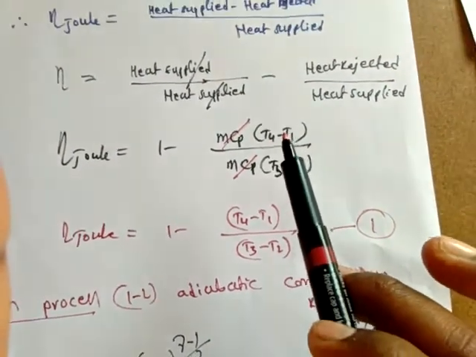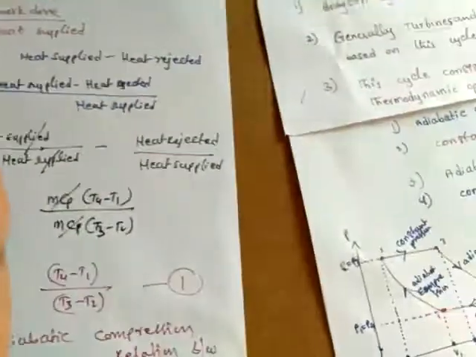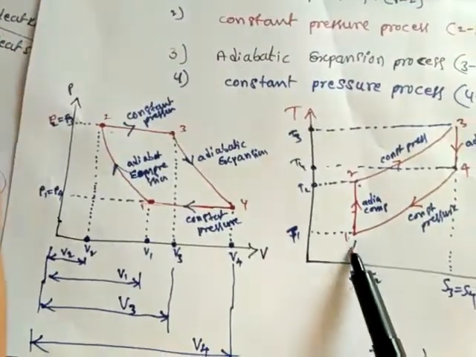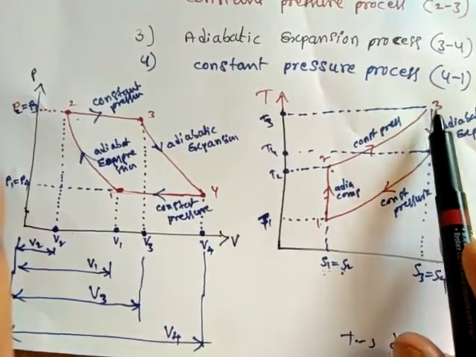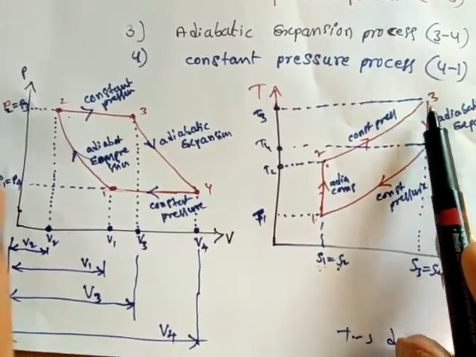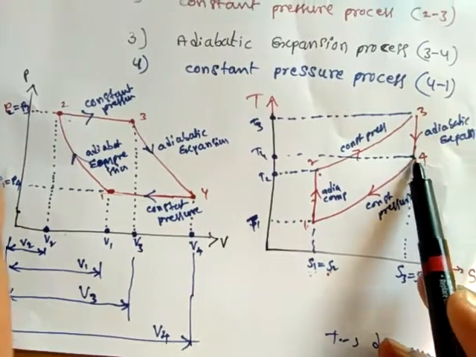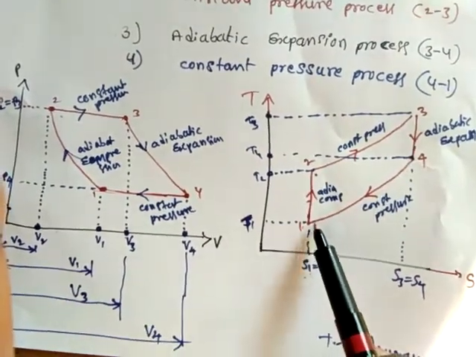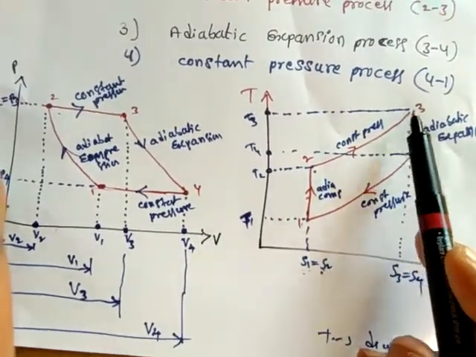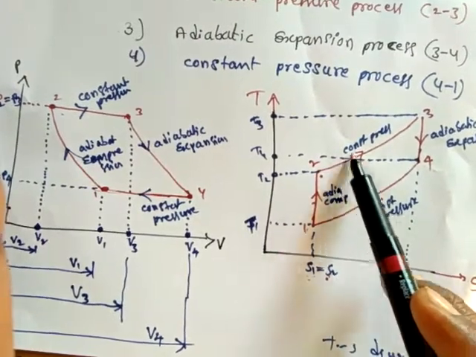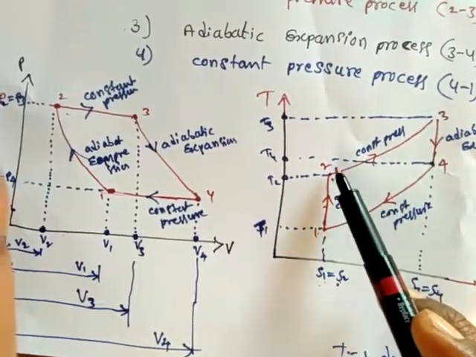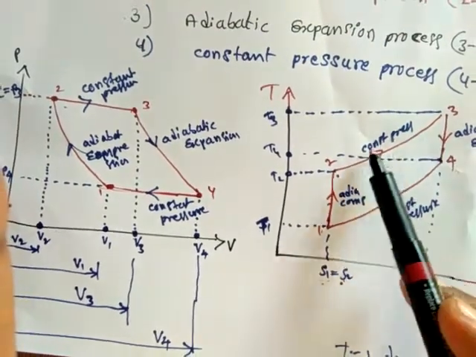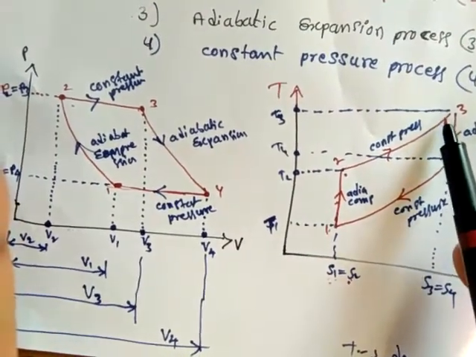minus T1). So once again, listen. Here from 1 to 2 temperature is increasing, 2 to 3 temperature is increasing, from point 3 to 4 temperature is falling down, and 4 to 1 temperature is falling down. So 2 to 3 means temperature is increasing gradually, so we are supplying heat, meaning 2 to 3 is a heat supplied process.